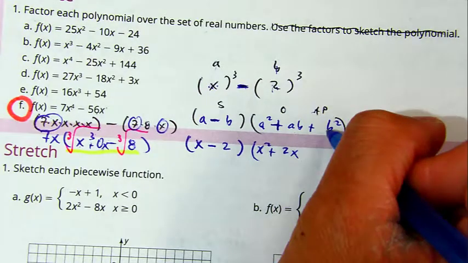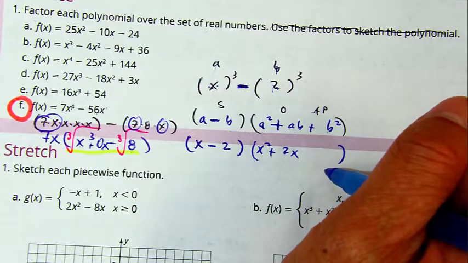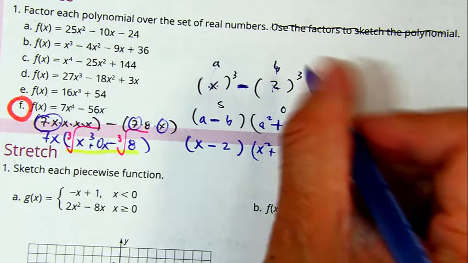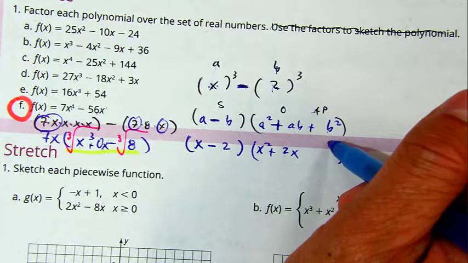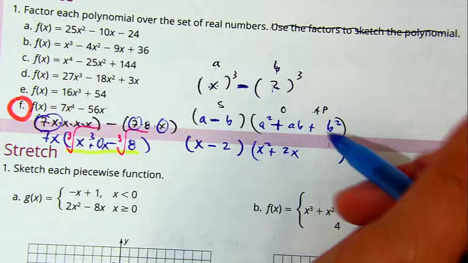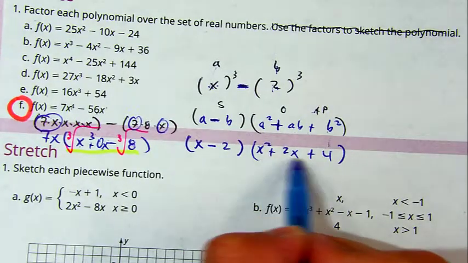Your B value is square. What's your B value? Plus 2 squared. And 2 squared is? 4. When you're doing the sum and difference of cubes, this one is prime, so that's your answer.